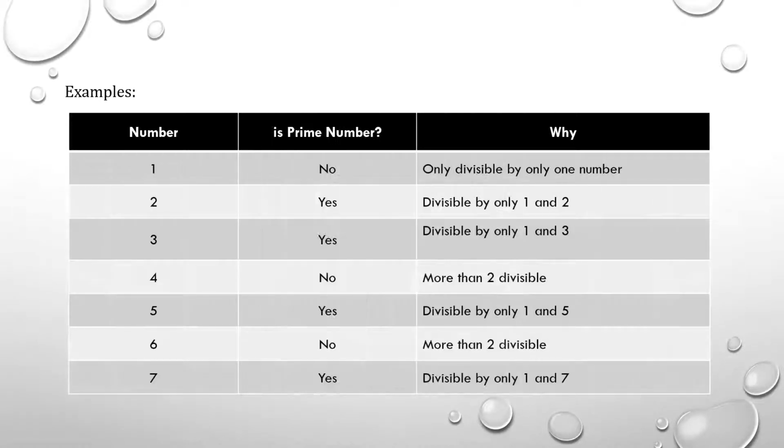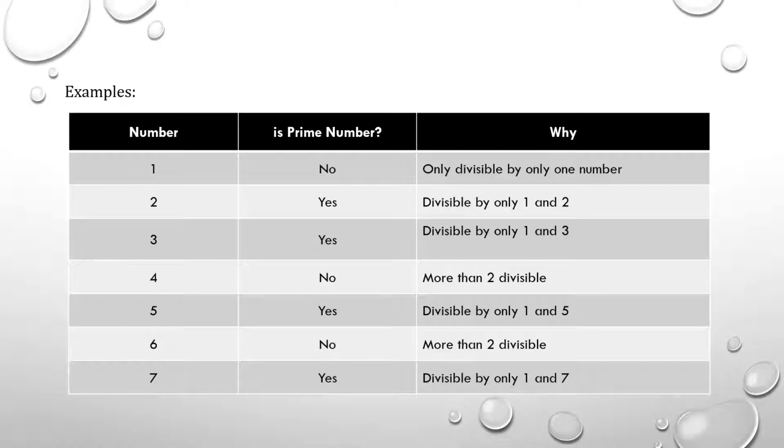So let's look at a few examples which would give us some gist of a prime number. As we have already discussed, 1 is not a prime number as it has only one divisor, which is itself, and we need at least two divisors to be a prime number.